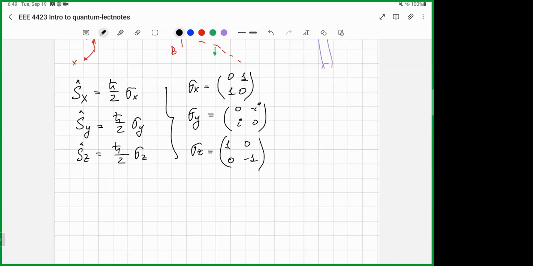Okay, so all these three Pauli matrices, when I multiply them by h bar over 2, I get the spin operators.